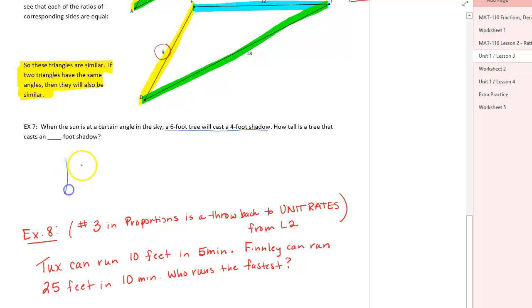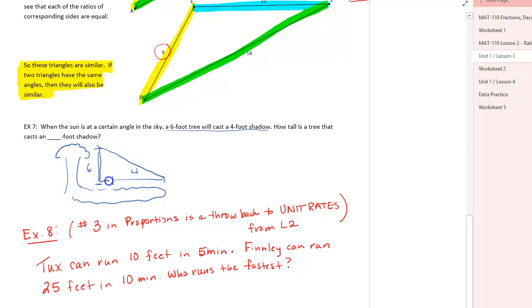So if we draw this tree and we say it is 6 feet, and then it's casting this shadow, and the length of this shadow is 4 feet.